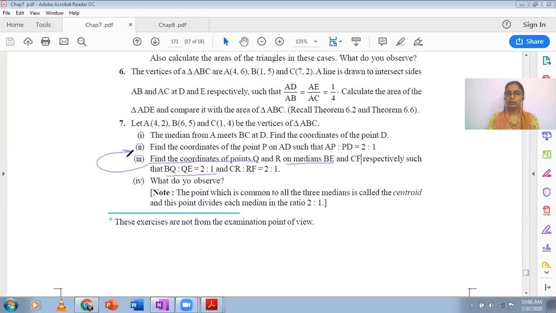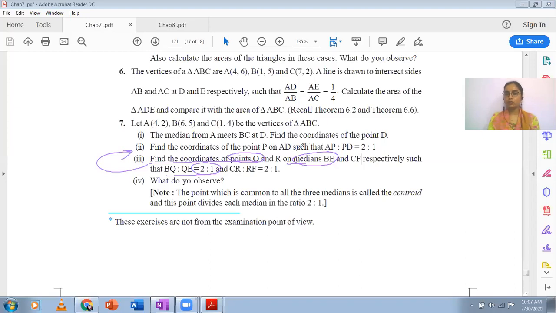This actually is similar to the previous part. Here you have a point Q on the median and that point divides the median in the ratio 2:1. And the previous part was also the same: a point on the median which divides the median in the ratio 2:1. And the same thing is to be done for the other two medians.